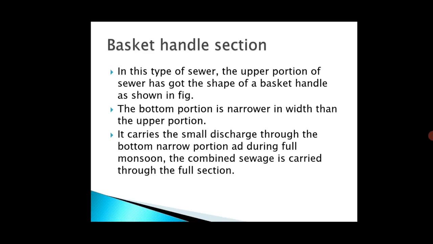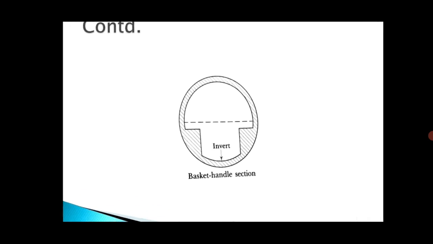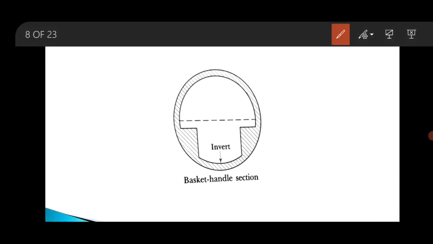First one is basket handle section. In this type of sewer, the upper portion of the sewer is in the shape of a basket handle. See the picture of the basket handle section. The bottom portion is narrower in width than the upper portion.